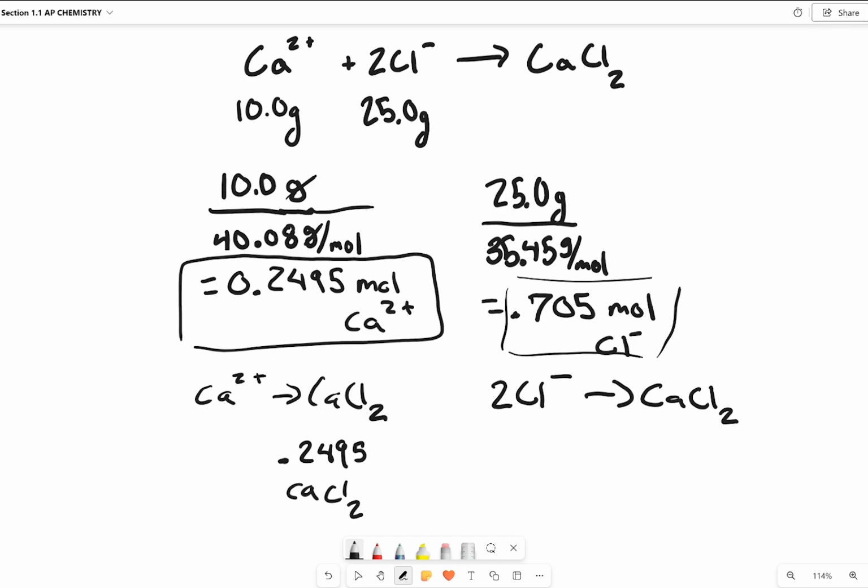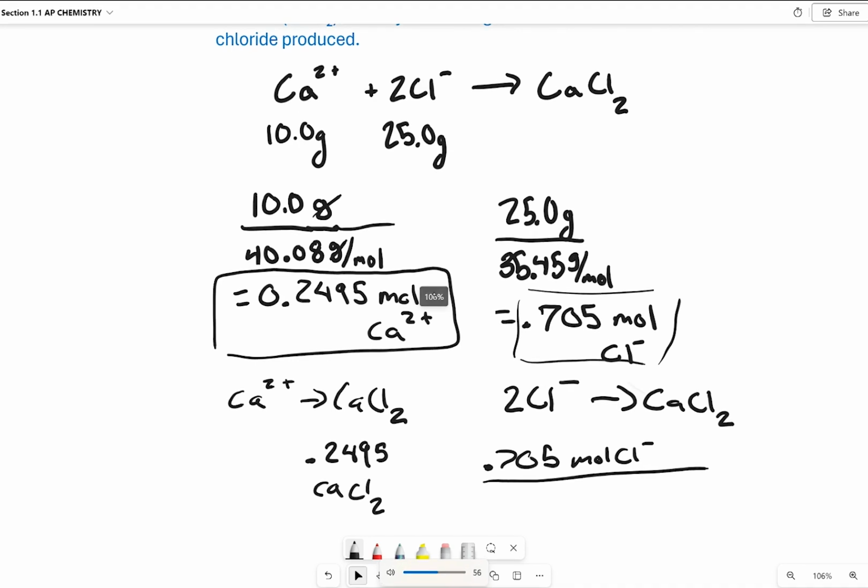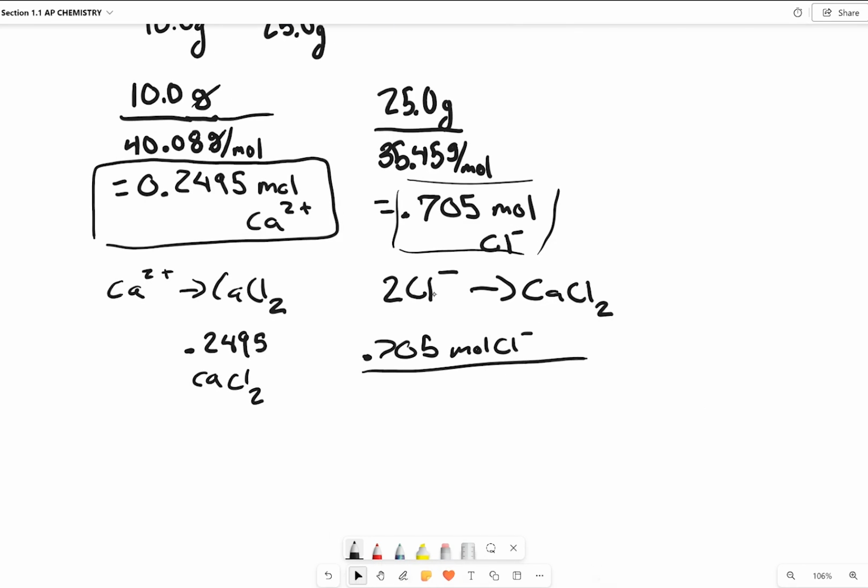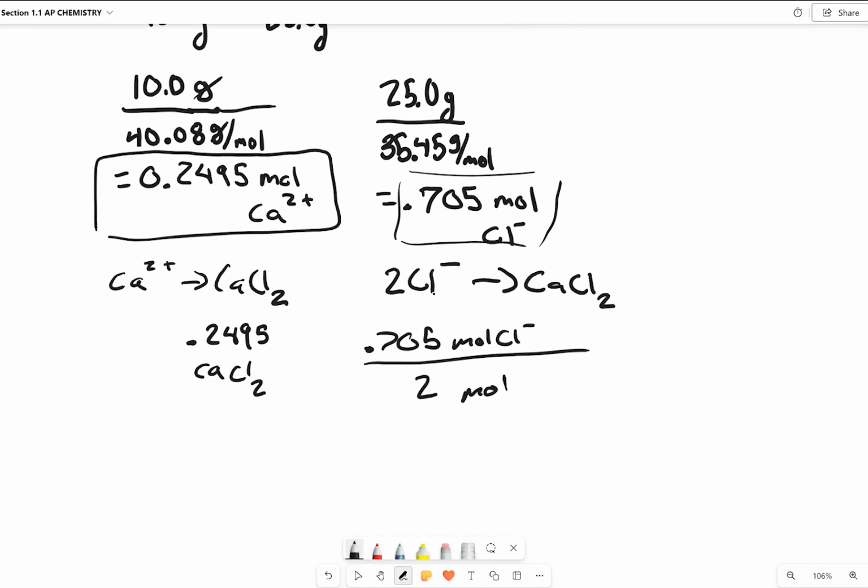You can think about this with dimensional analysis for a second. We have 0.705 moles of chloride anions, and we know that for every 2 moles of chloride anions, we're going to make 1 mole of calcium chloride.